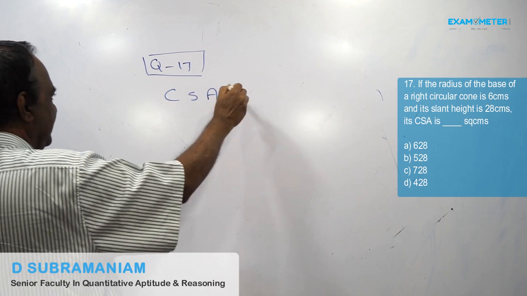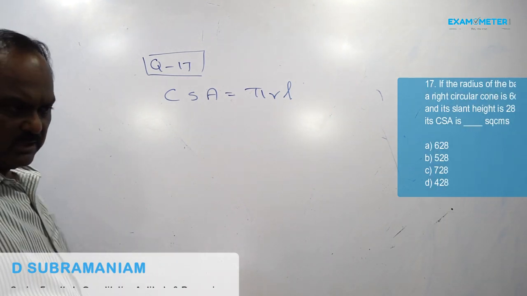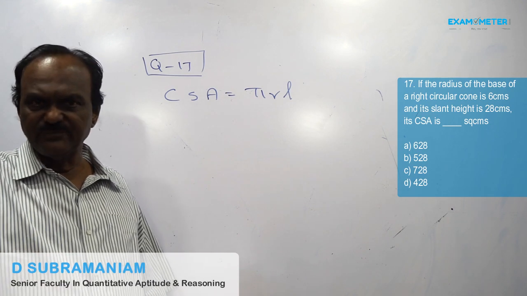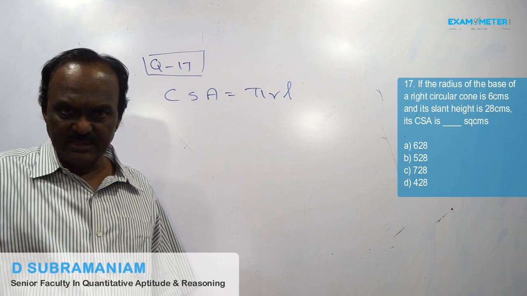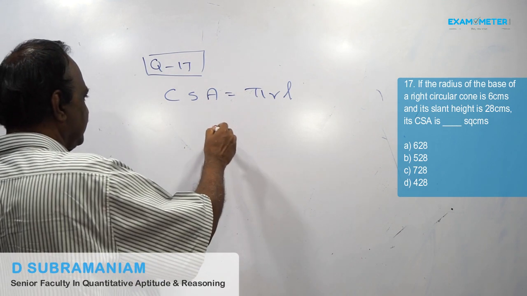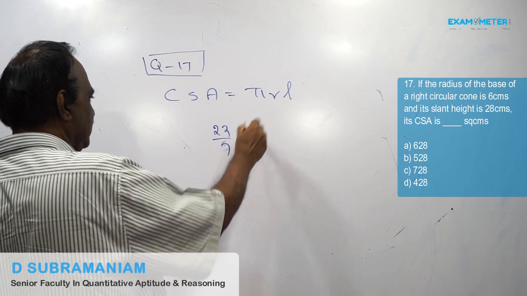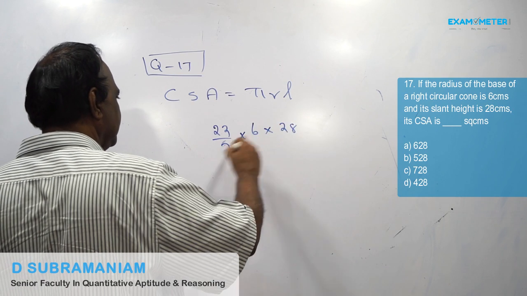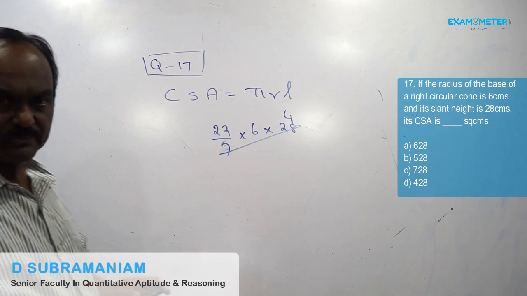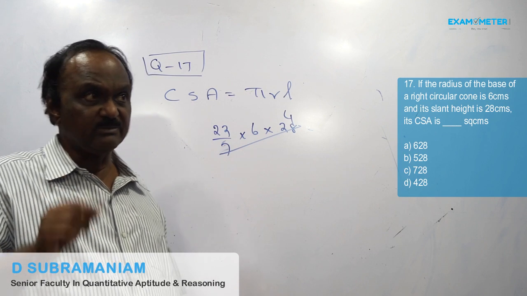Curved surface area is equal to pi r L. L stands for slant height. Pi value you know. Radius is given. 24 into 22, 528. So answer is 528, that is multiple choice B.